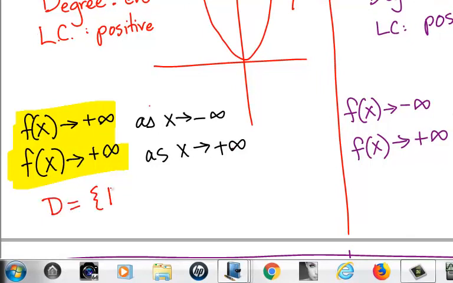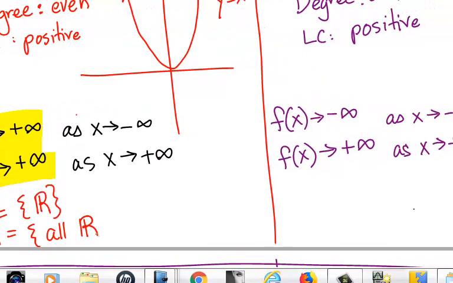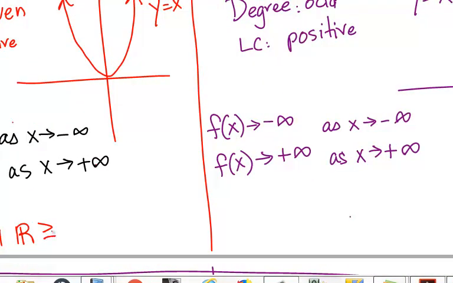The domain is double bar R. The range is all real numbers greater than or equal to the minimum y value.